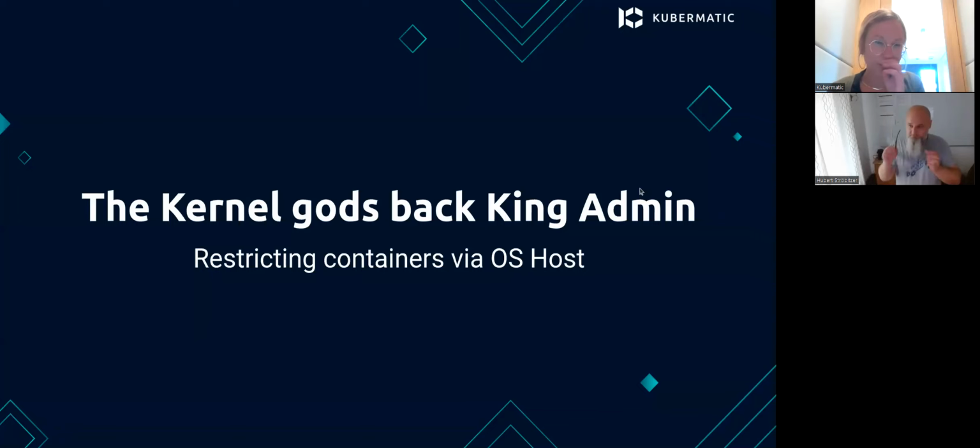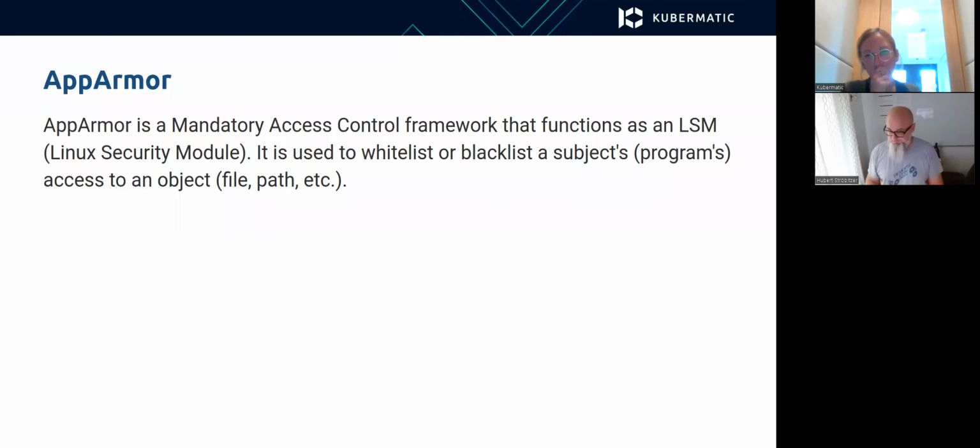Now the kernel goes also back, King admin. Now we are trying to make some security stuff on host level basically. There are products like AppArmor, but also SecComp would be possible to use here, which are Linux security modules.